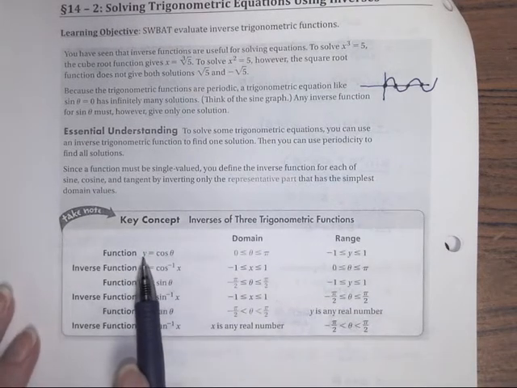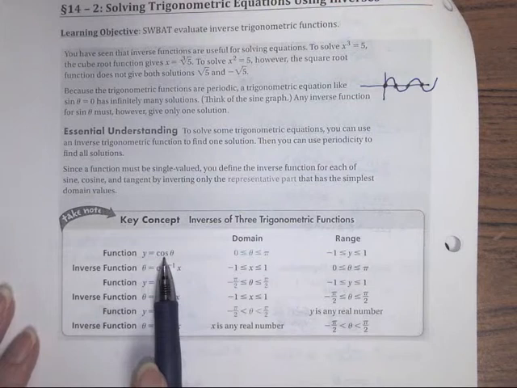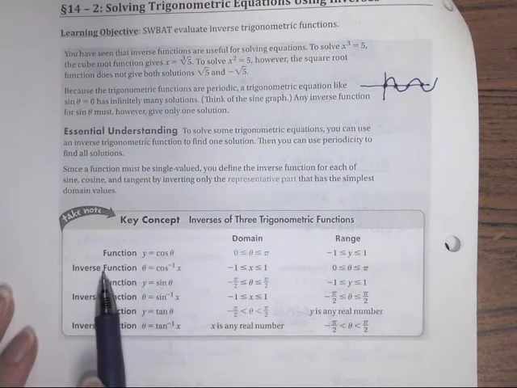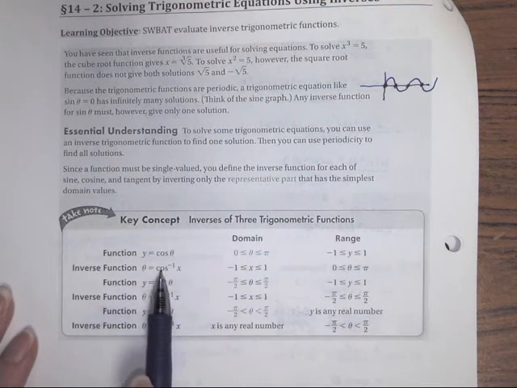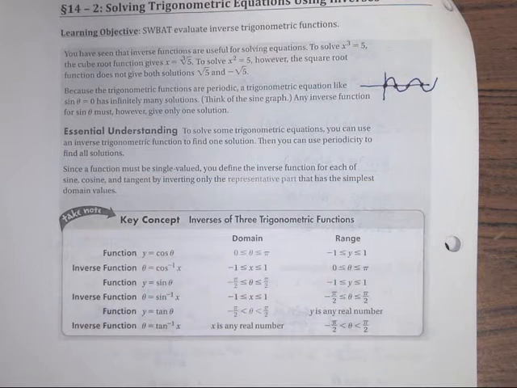I want you to see what one of these looks like. If you take the function y equals cosine x, here is the inverse function. Theta equals inverse cosine x. That's how you say it, inverse cosine. All right?